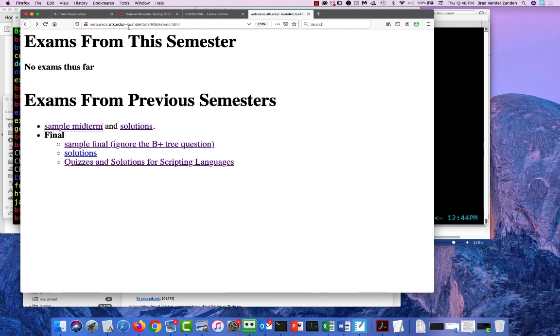Also, since this is the first time I have taught NoSQL and MongoDB, I don't have quizzes for them yet. I always develop the quizzes after I've taught the material the first time, because it's always a little uncertain how to write the quiz until I've actually gone over the material once.